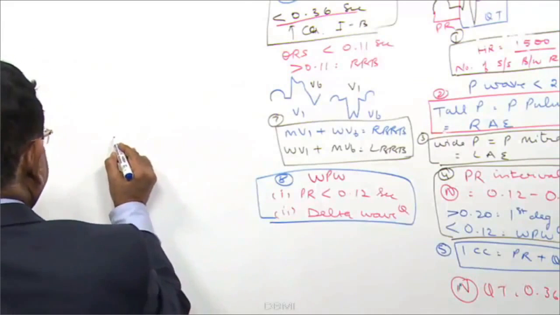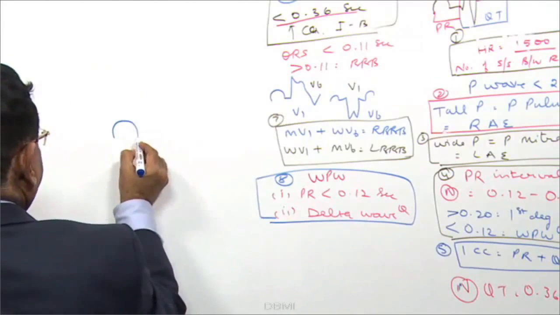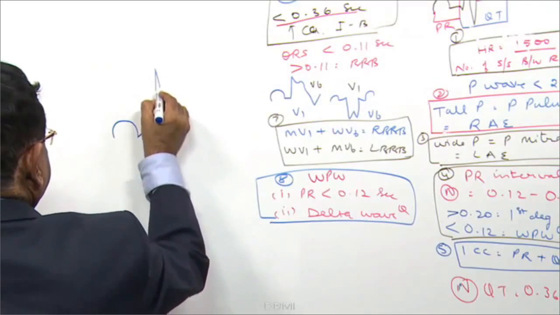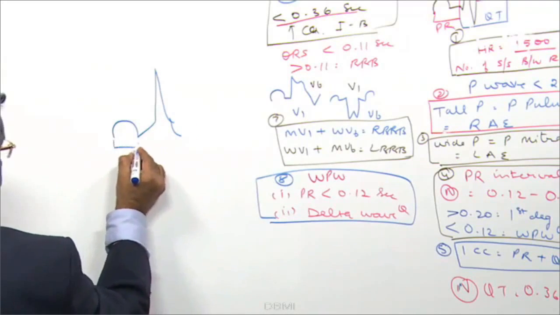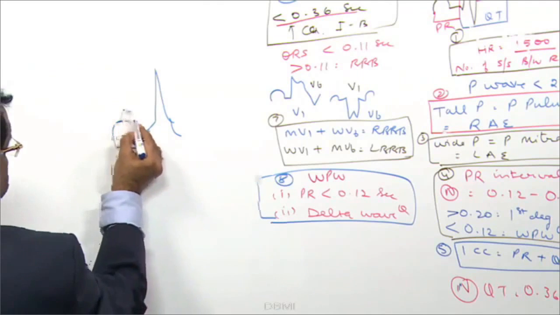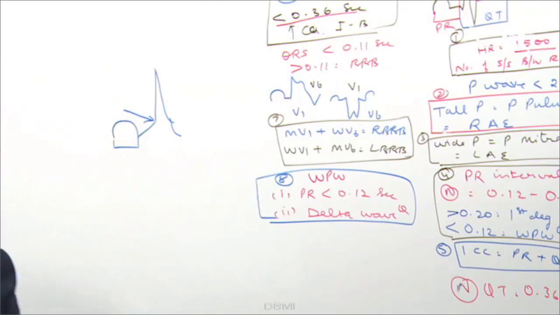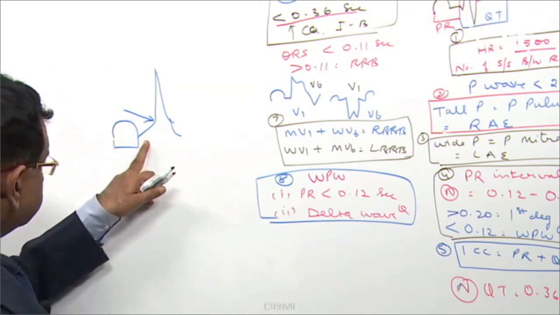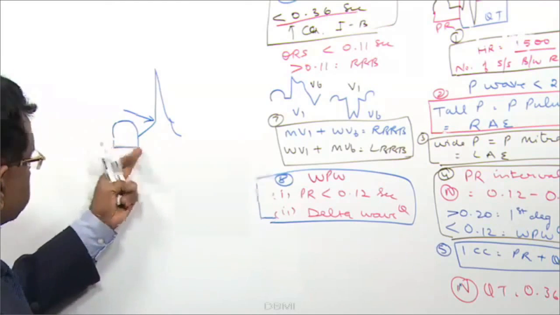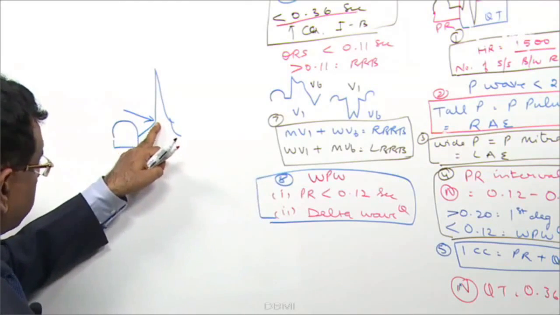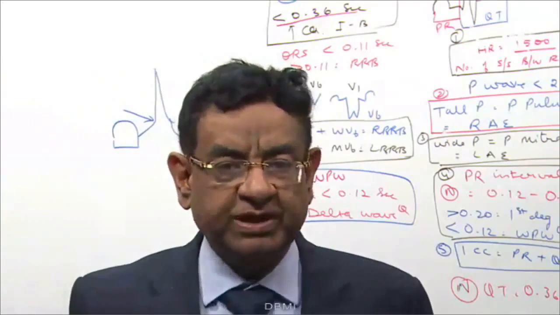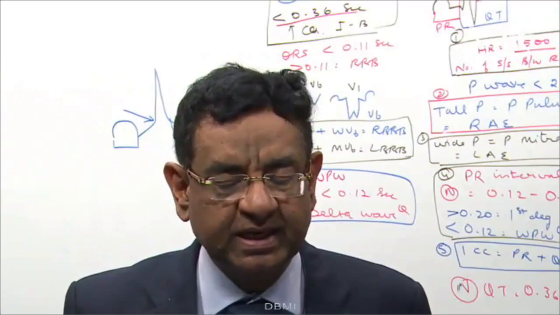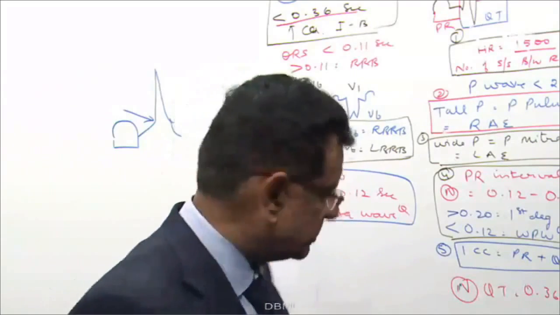The PR interval is short, plus you get a notch in the ascending limb of R wave, that we call delta wave. This is just to make you understand the subject: the delta wave is seen in WPW syndrome.